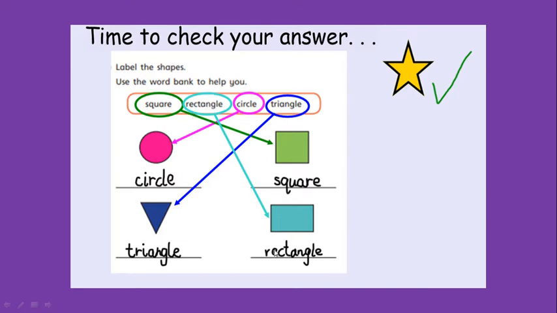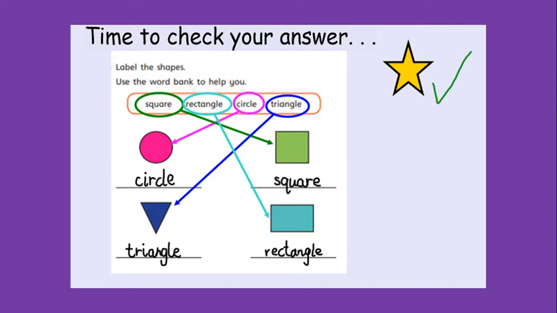The circle is pink, and I've done the same. And then triangle is blue, and I've circled the word, linked it to the shape, and written it nice and neatly at the bottom.